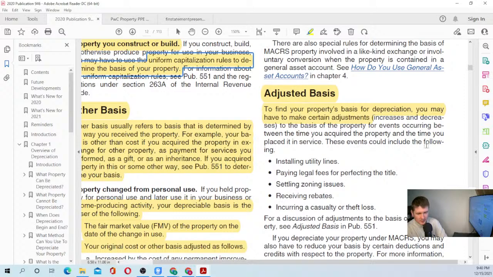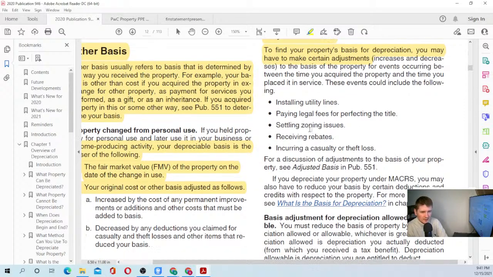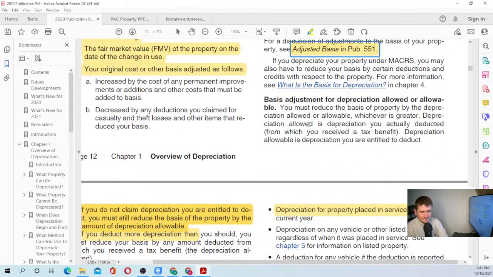These events could include the following: utility lines, paying legal fees for perfecting the title, settling zoning issues, receiving rebates, incurring a casualty or theft loss. If you have any of those, you need to take a look at Publication 551.